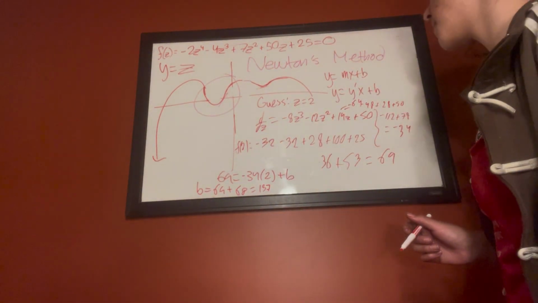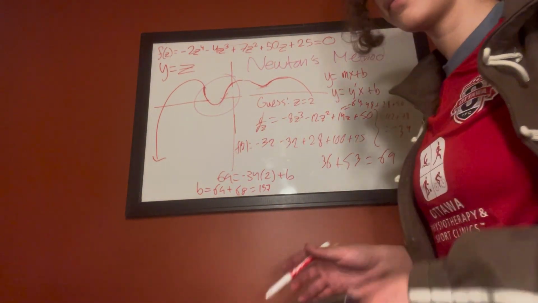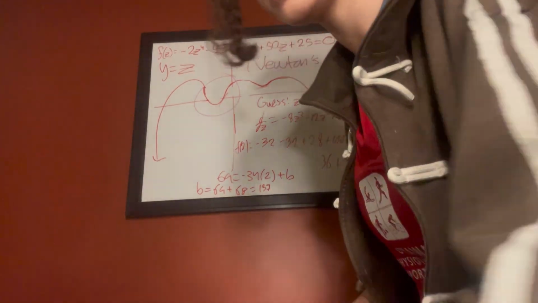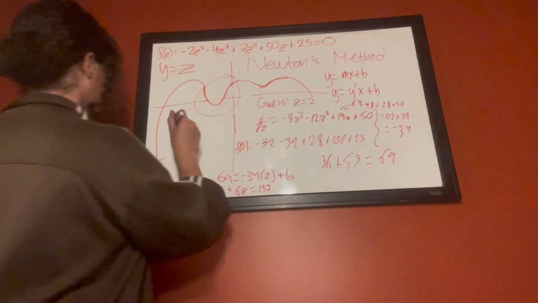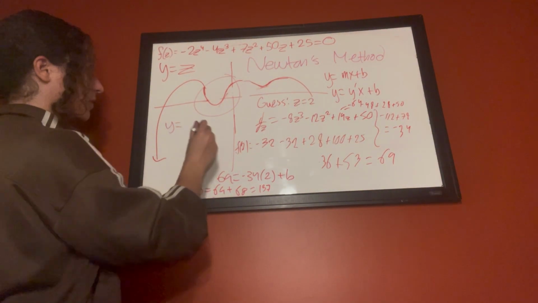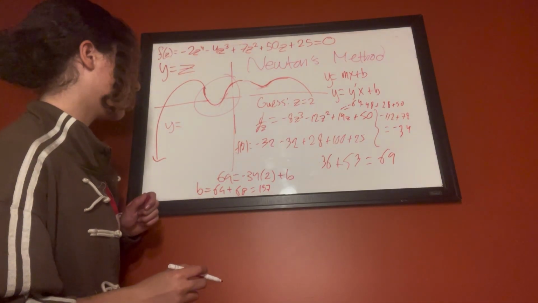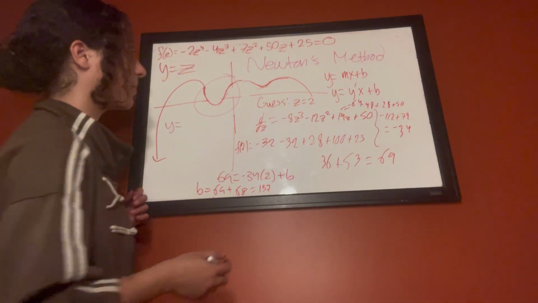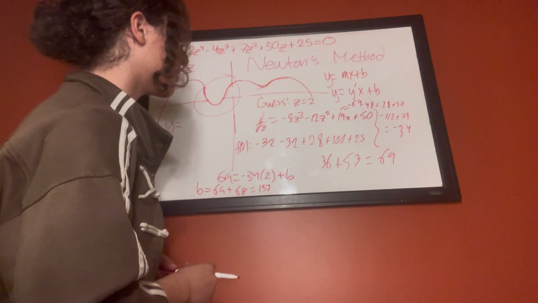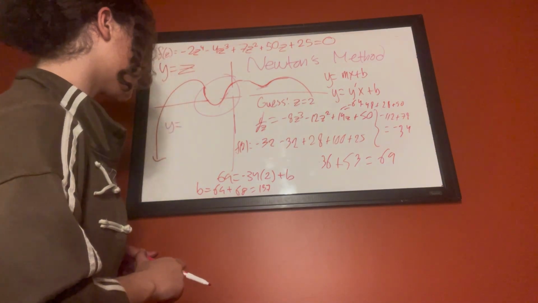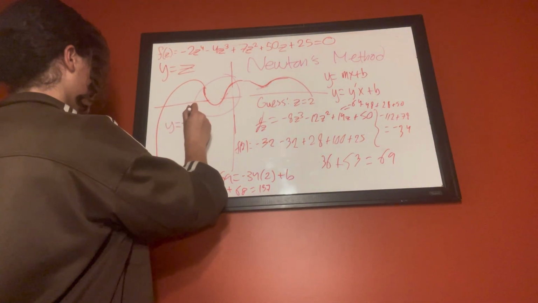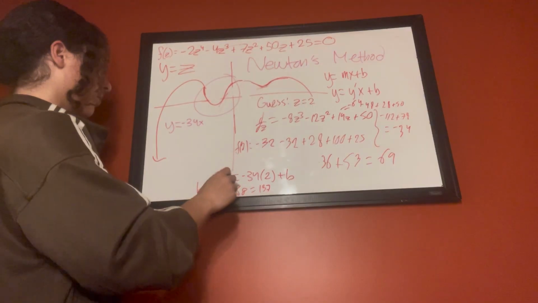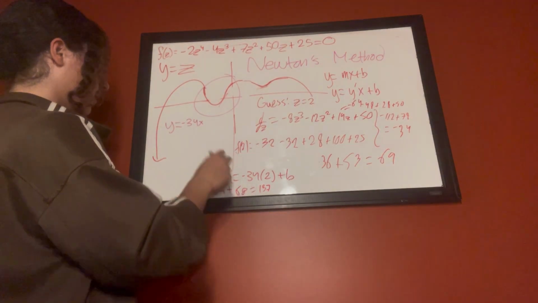137. Okay, so I have a tangent line. What is this tangent line? It is y is equal to, where's my m? Minus 34x plus 137.